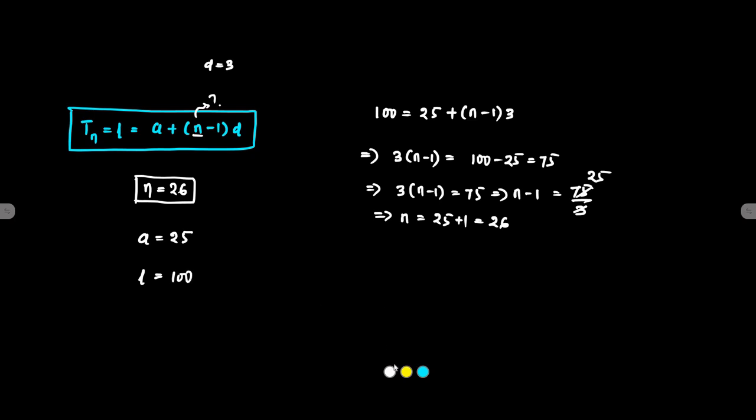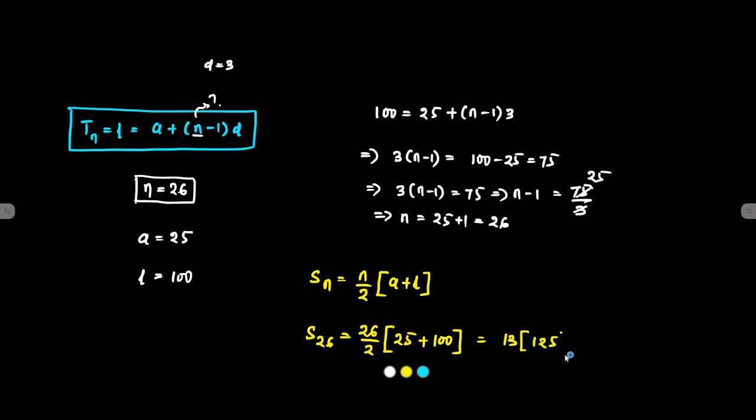Now if we put all these values in the formula for the sum of n terms, n by 2 into A plus L, the sum of the 26 terms is equal to 26 by 2 into A, which is 25, plus L, which is 100, which is equal to 13 into 125.